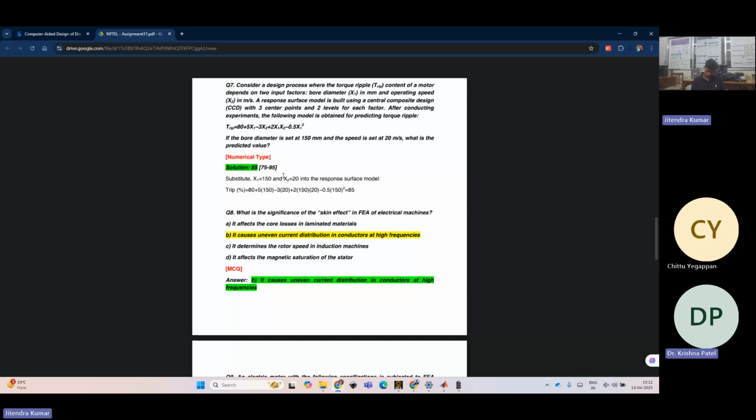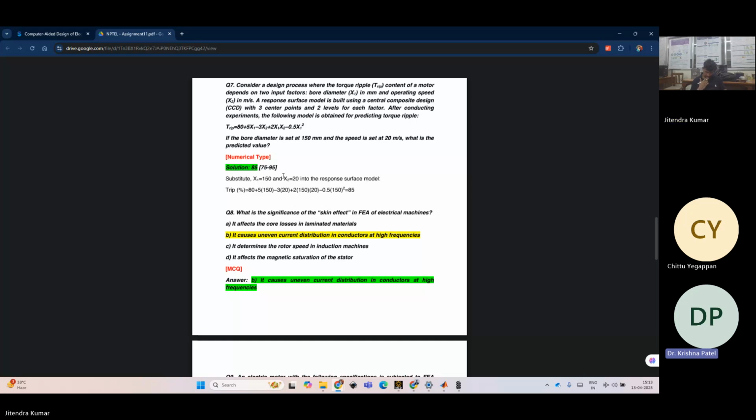Last week we were solving this, and in the last solution also we were getting it. Actually, in last year's assignment I think the value was 26%, but no, sir, I have put the values correctly.